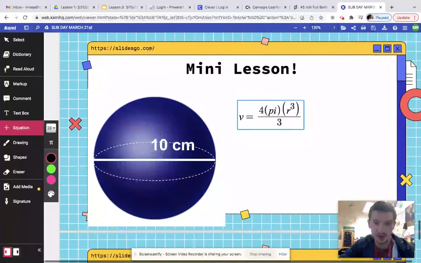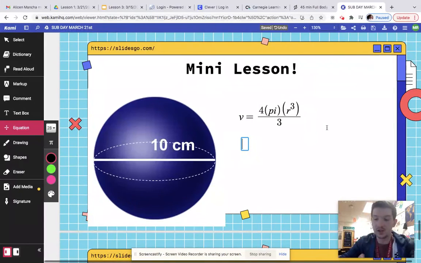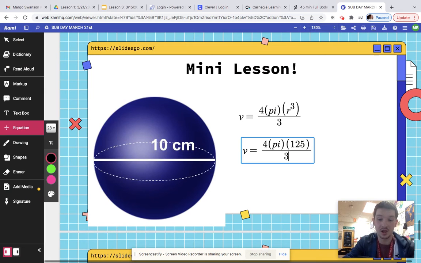So we're just going to divide by 2 and we'll get 5 for our radius. So if you look at your calculator and you do 5 times 5 times 5, you will get 125. Okay, so we're here now. 4 times pi times 125 all over 3, and you can just use your calculator again.